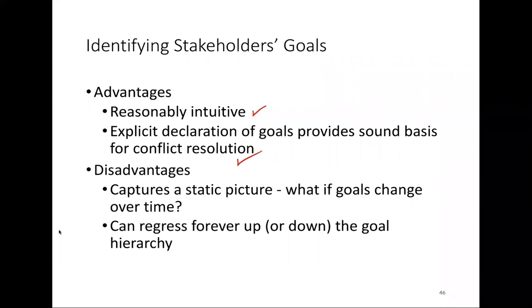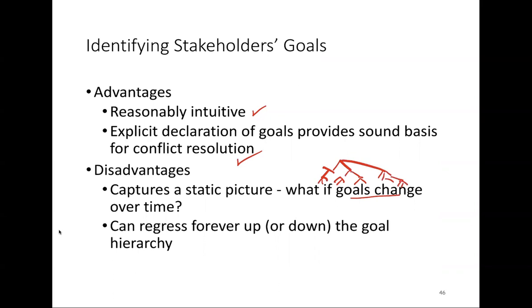However, it captures a static picture. What would the goal model be if the goals change over time? If you build the hierarchy of goals, these are my set of goals based on their importance to the stakeholders as well as which ones satisfy the objectives of the stakeholder to the system. And then this is a static picture.